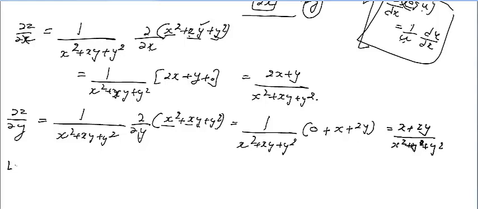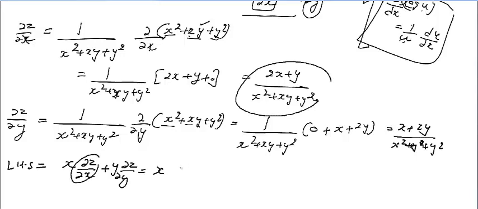Now take the left hand side that we want to prove. The left hand side is x ∂z/∂x + y ∂z/∂y. Now put the value of ∂z/∂x, which is this: x times (2x + y) upon (x² + xy + y²), plus y.